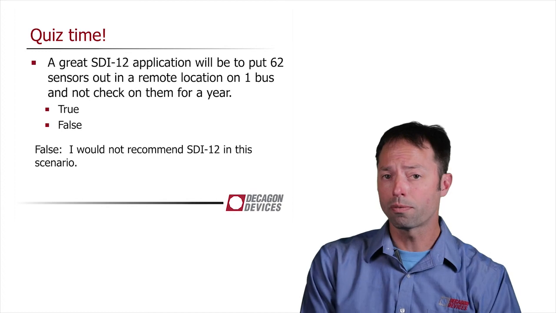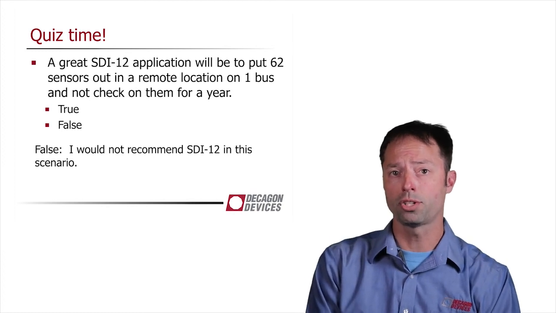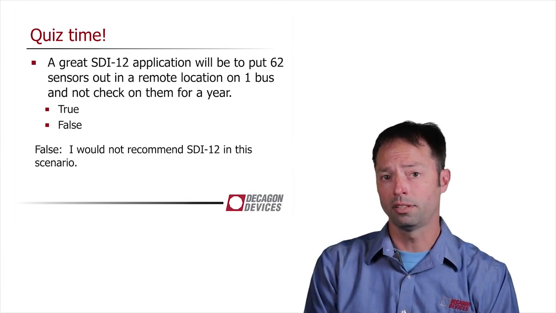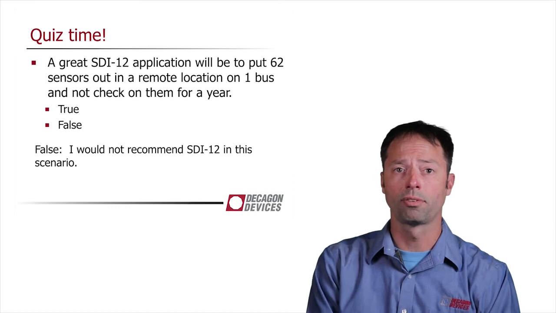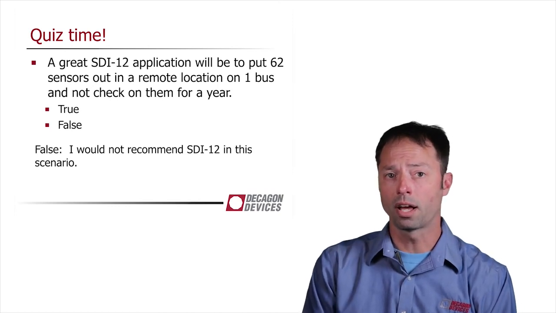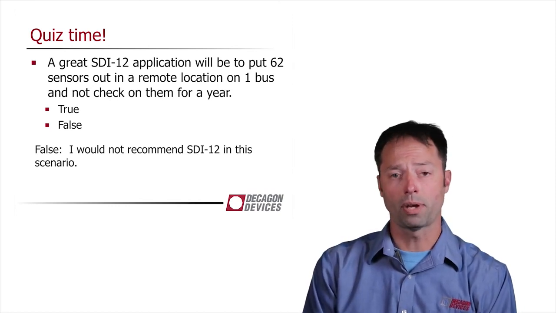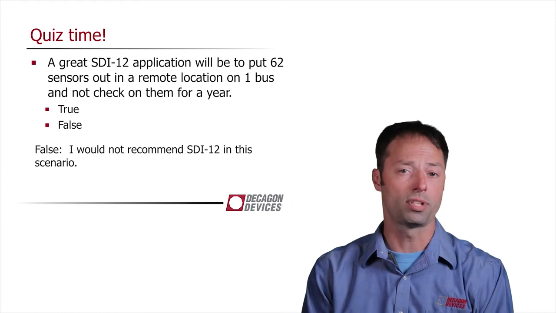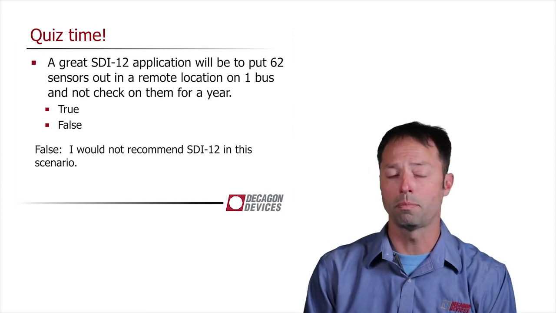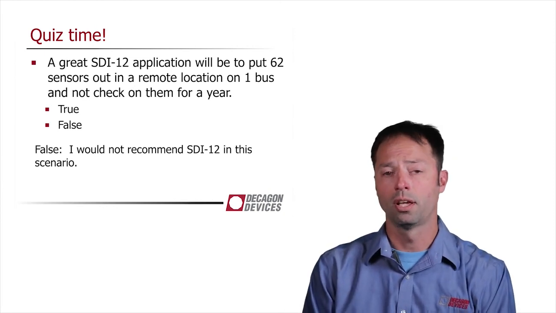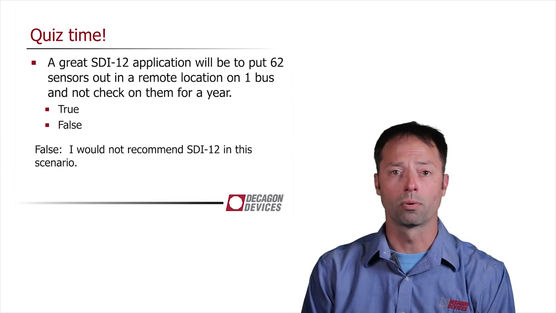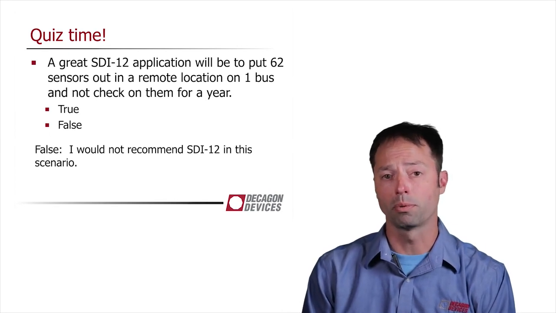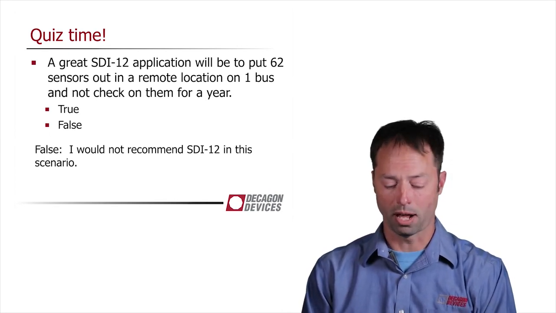First of all, you don't know if there's a problem with your bus in a remote location, and it could lead to extreme data loss. And you're not checking on them very often. Even if you have a cell network in a remote location, if you're transmitting data to your desk and you do find there's a problem, it may be difficult to get to your sensors. In this case, a radio network or multiplexing is probably going to be a better option.